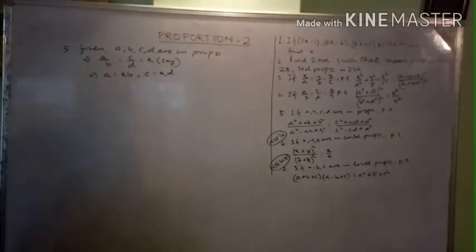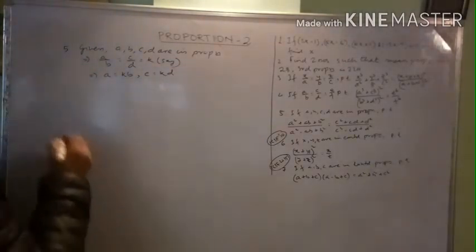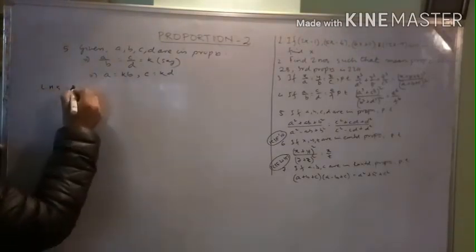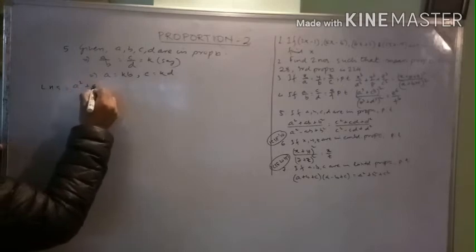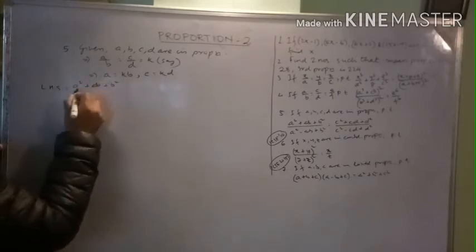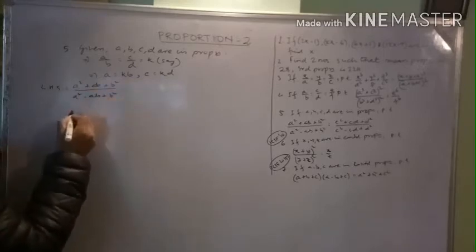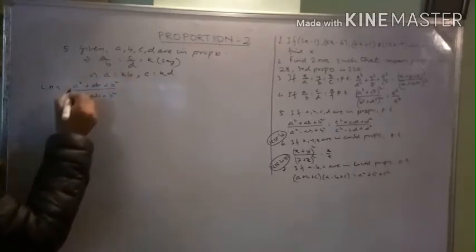Now put the values of A and C in the LHS. So take LHS now. Left hand side is equal to, it is given, A square plus AB plus B square upon A square minus AB plus B square. Put the value A equal to KB.